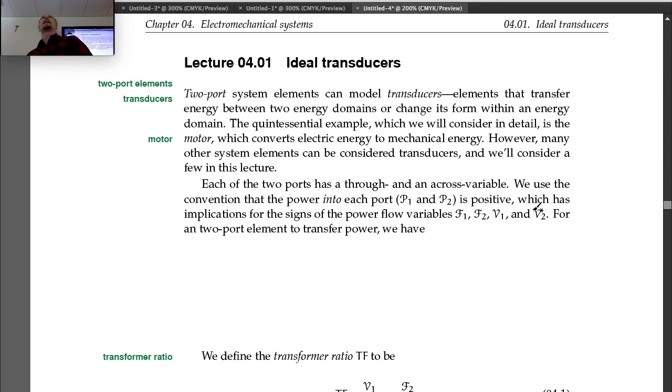Remember back in electronics, we did talk about a couple of multi-port elements. The op amp, I think, has 4 ports. But we did talk about a very specific two-port electronic element. Do you remember what it is?